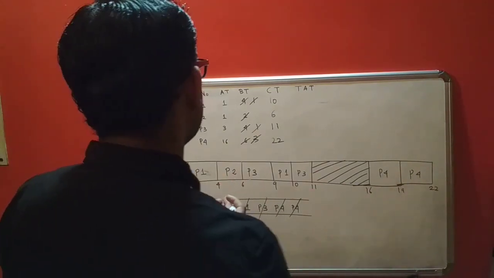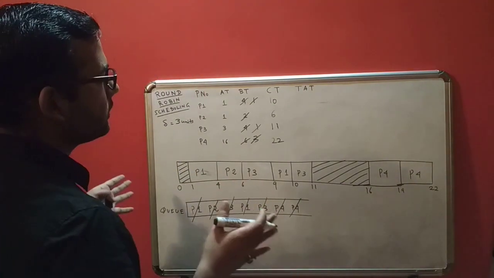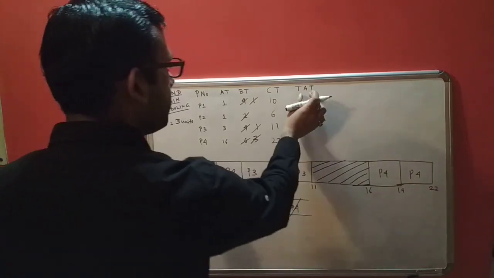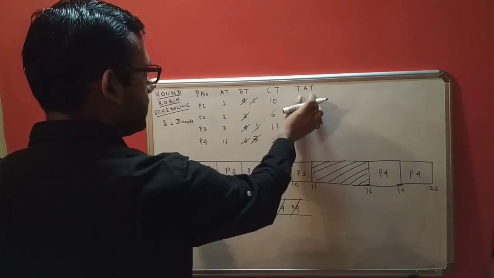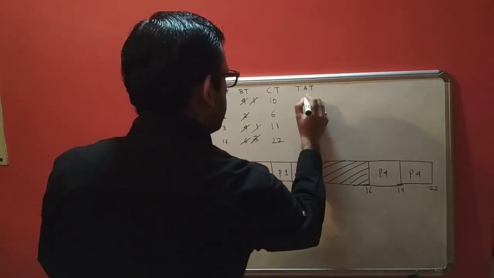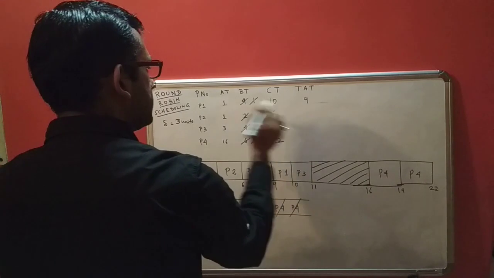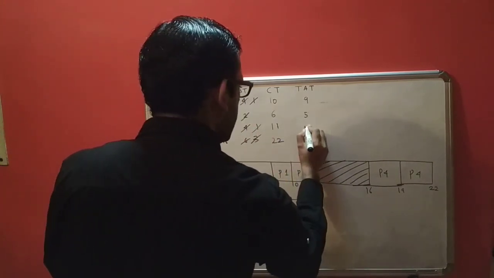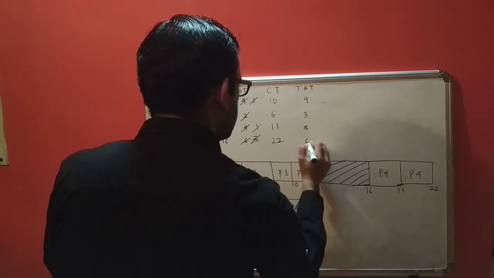So the formula for turnaround time would be completion time minus arrival time. So if I find the turnaround time, what will it be? 10 minus 1 is 9, 6 minus 1 is 5, 11 minus 3 is 8, and 22 minus 16 is 6.